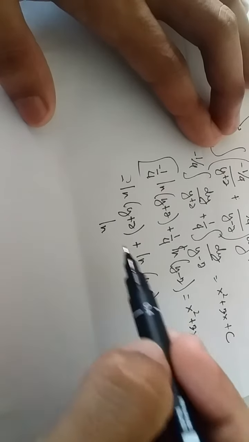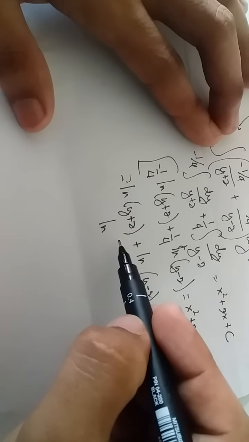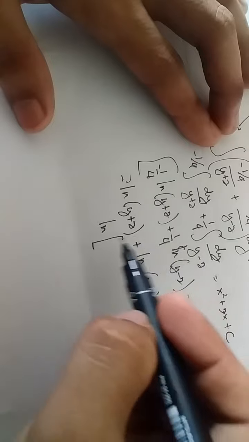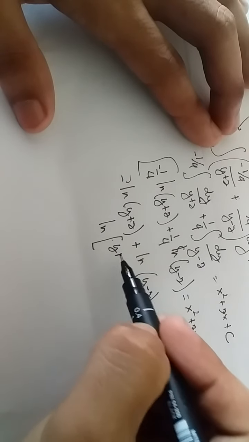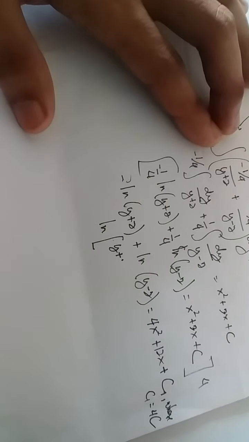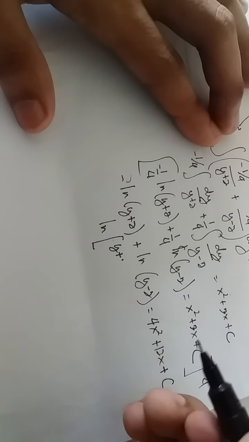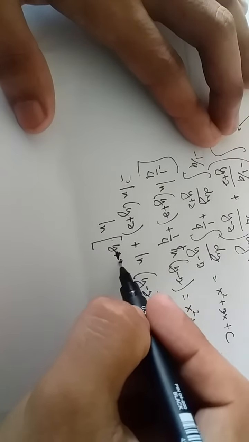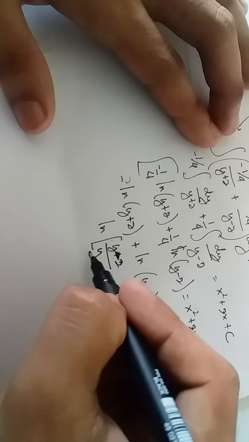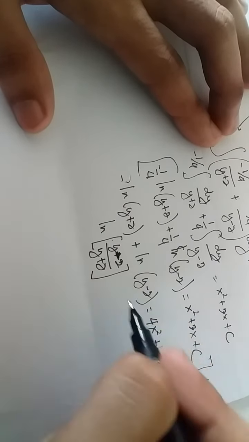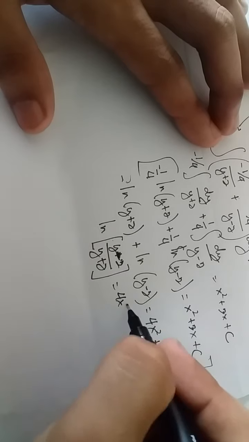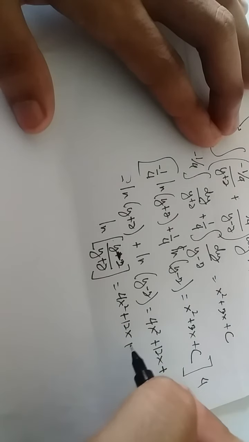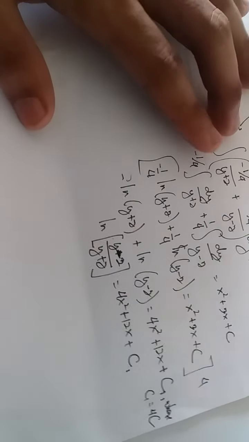So we have ln of y minus 2 over y plus 2, with the denominator y plus 2, equal to 4x squared plus 12x plus c sub 1.